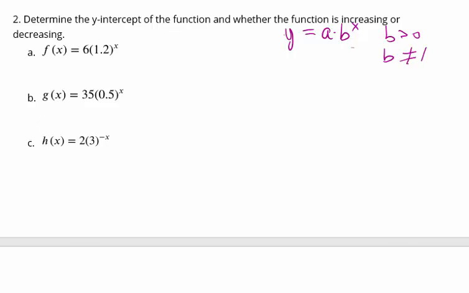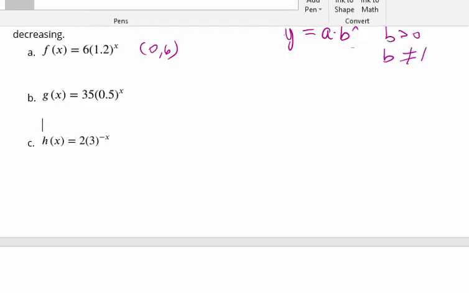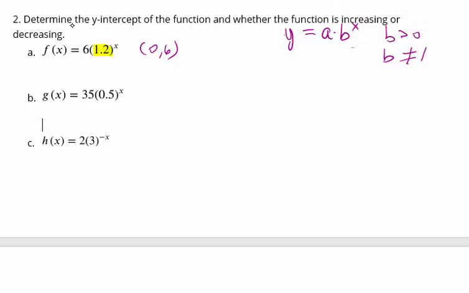So for part A, f of x equals 6 times 1.2 to the x. A is 6, so that's the y-intercept. And b will tell us if the function is increasing or decreasing. Because b is greater than 1, this function is increasing.